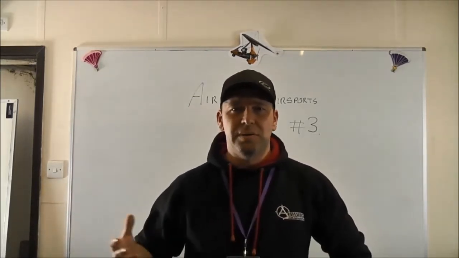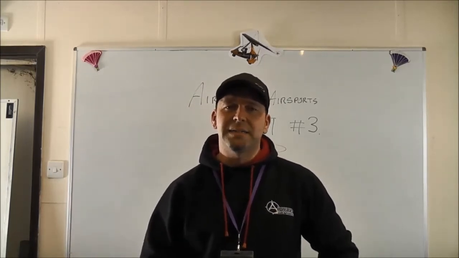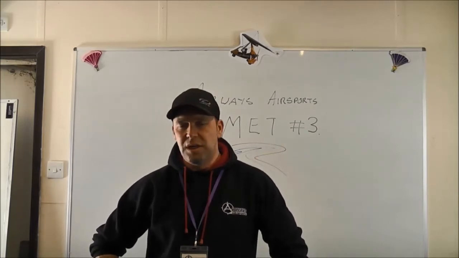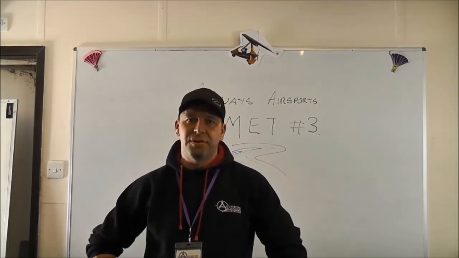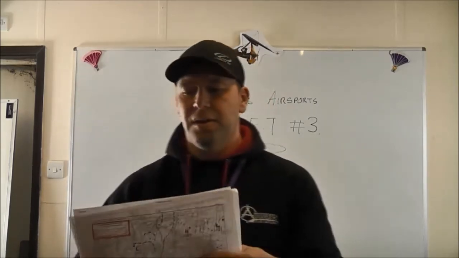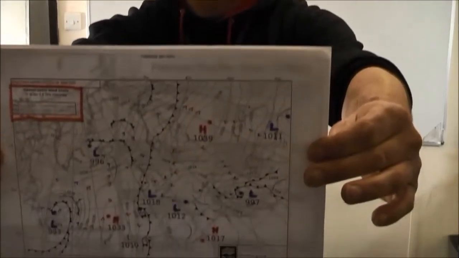Okay, so what I want to do is pick up from where we finished on the last Met lectures. We were looking very much at the basics of meteorology and why we have weather in the first place. We also looked quite specifically at this particular chart, which is my favourite chart of all, the synoptic chart.